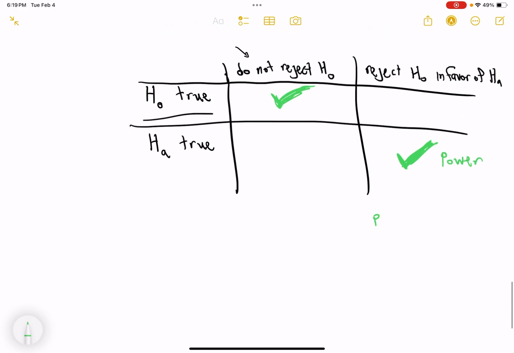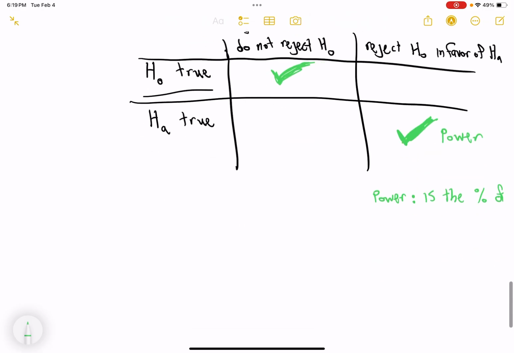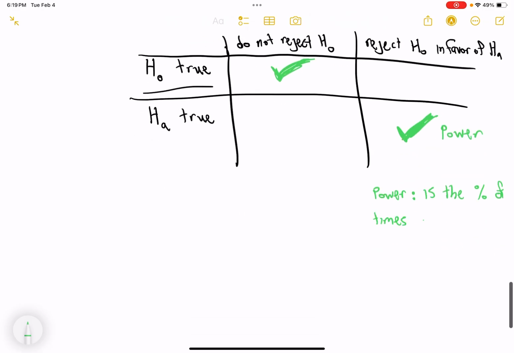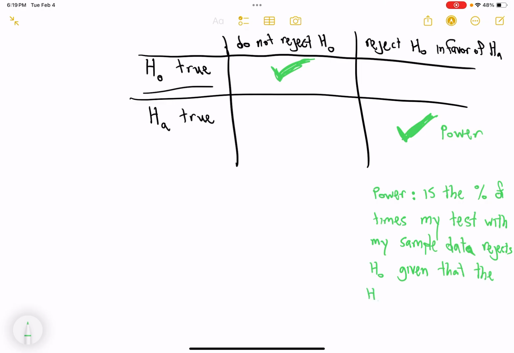Or what I should say is power is the percent of times my test, with my sample data, rejects the null given that the null is false. So that's very important.